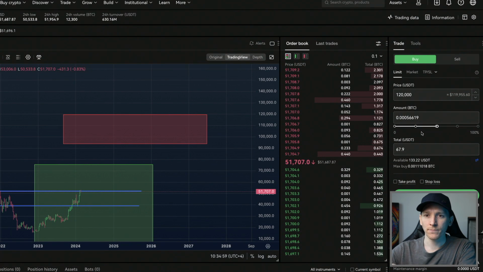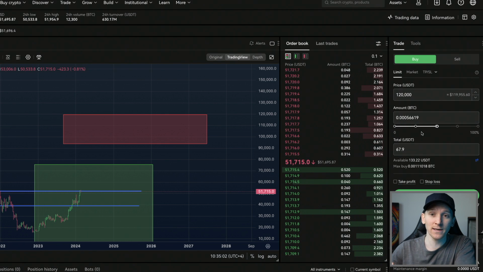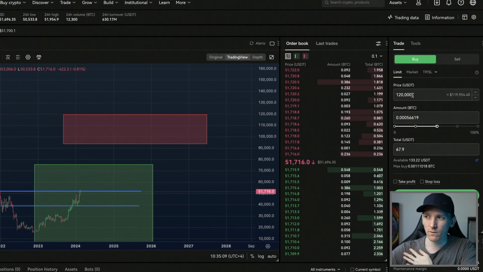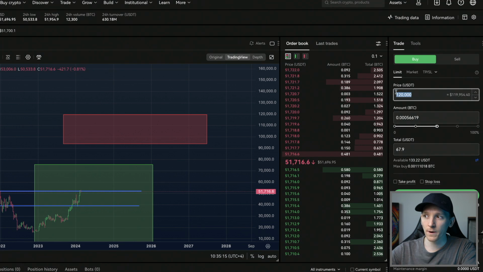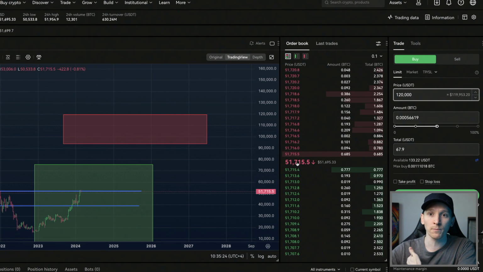What's going to happen is that I'm going to trade immediately, because my limit order now is not actually a limit order, it's a market order. Because what I'm saying to the system is buy immediately as long as the price is at or below 120,000. So the system says to itself, well, the price is 51.7, I will buy immediately for you because you've told me to buy immediately as long as the price is underneath my limit price. And so that turns into a market order.